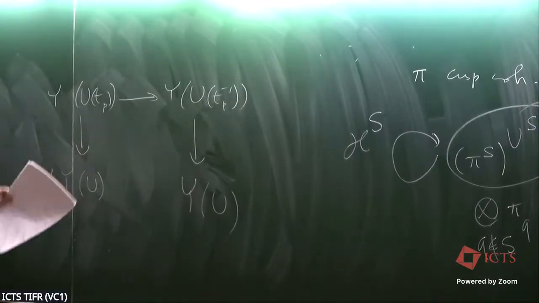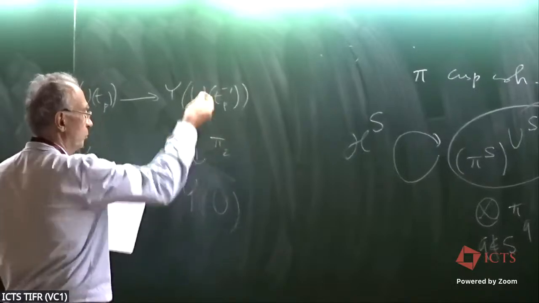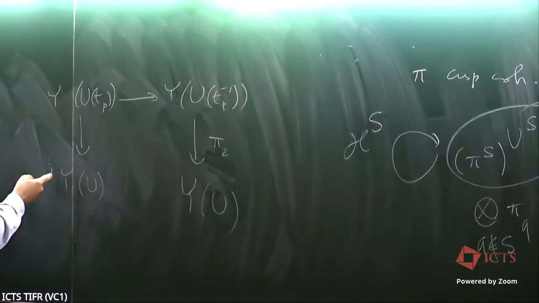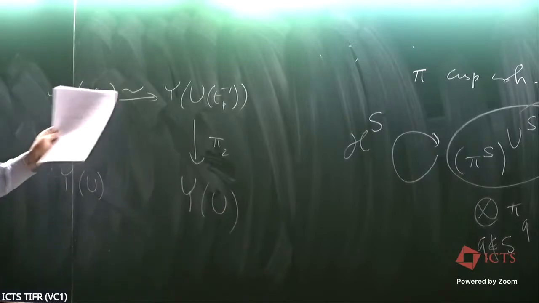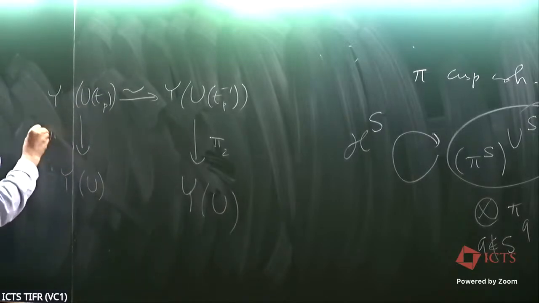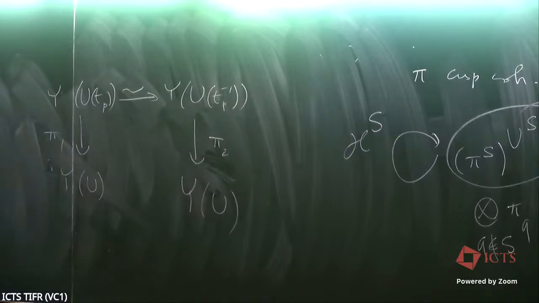This is the obvious morphism induced by this inclusion, this is an isomorphism induced by the conjugation, and this is the obvious projection induced by this inclusion.